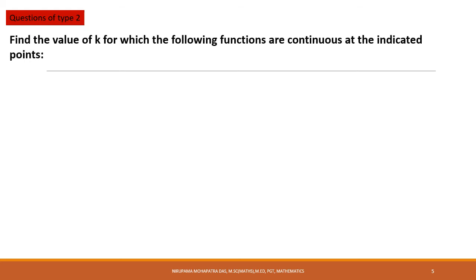So coming to our questions of type 2, here find the value of k for which the following functions are continuous at the indicated points. Here already we are given the functions are continuous. So we have to find the value of k, or you can say the value of any constant given in the question. Such questions are very important.